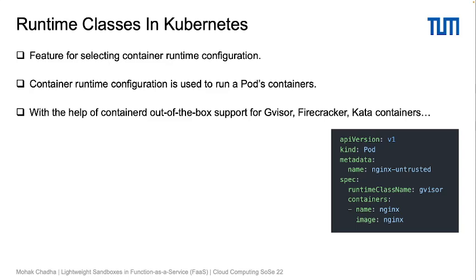You would just mention it here as an attribute in the YAML specification you write. It can be gVisor or Kata in our case, or Kata FC, or you can also say runsc, or it defaults to the default. By default, it always assumes runC if you don't mention it.